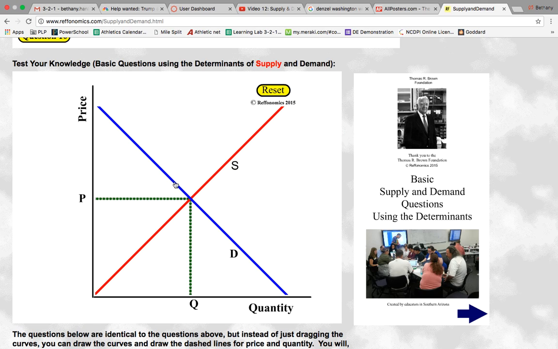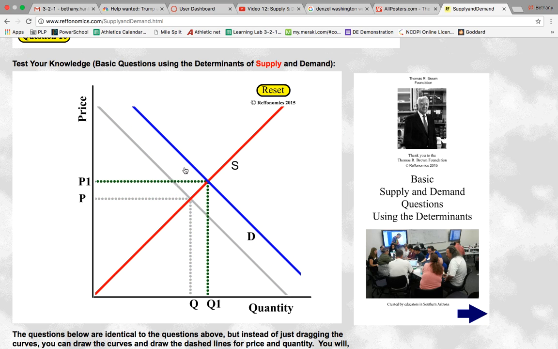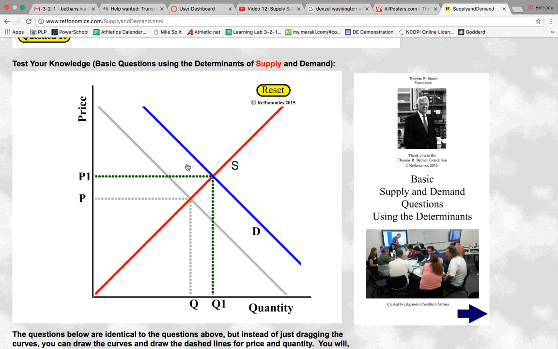Demand. We demand more gasoline in the summertime. People are out driving, they're going on vacation. We always use more gasoline in the summertime. We see demand increase, and so the price will go up in the summer.